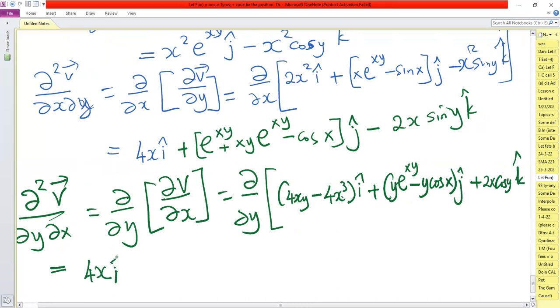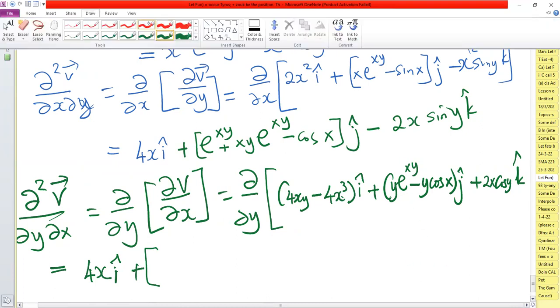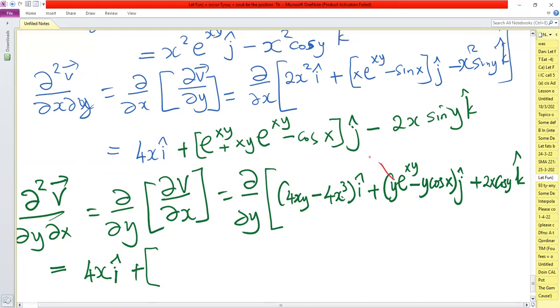So just 4x i. Plus, now here we use the product rule because it's y and e raised to xy. So this would be our u, this will be our v. So u prime is 1 times v, e raised to xy, plus v prime, x e raised to xy, times u, we get xy e raised to xy.